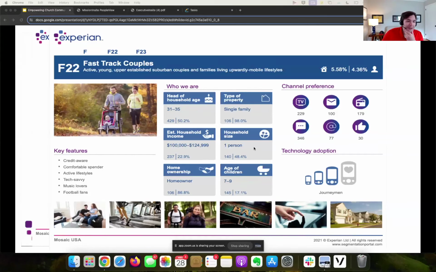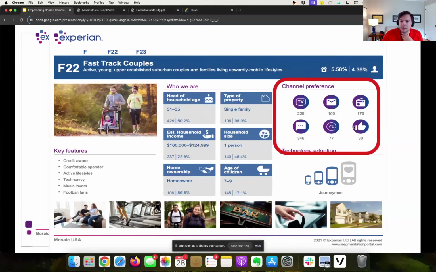So I'm going to bring your attention to what is actually pertinent to our conversation today. And that is this channel preferences section over here. This channel preferences, you're going to see 6 logos. We're going to start at the top left, work our way right, and then work our way down, and then right again. And I'll use my cursor. So this first logo is a TV. Second logo is a letter indicating snail mail.